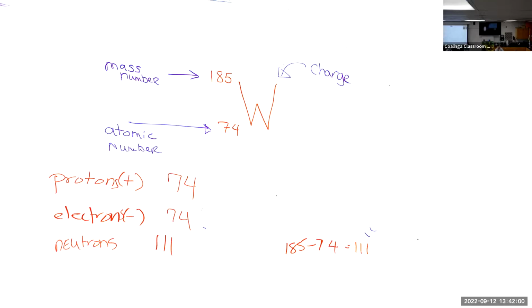So for the protons and electrons, it's just the atomic number. And for neutrons, it's the mass minus the atomic number. That's right. Okay, pretty simple. Not too hard.